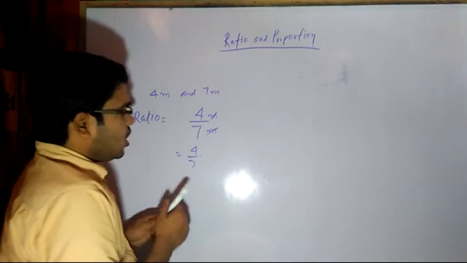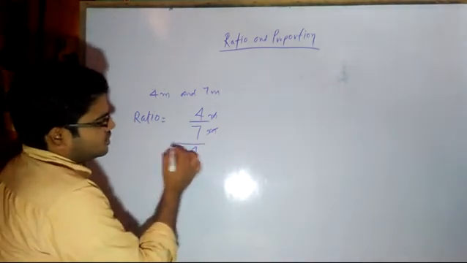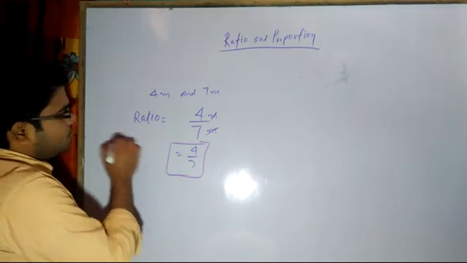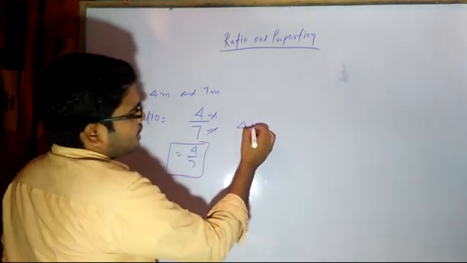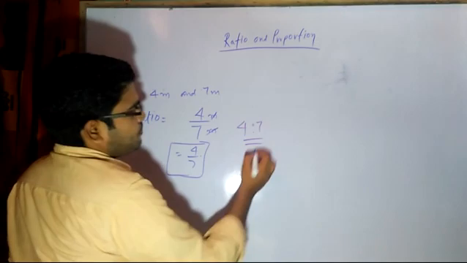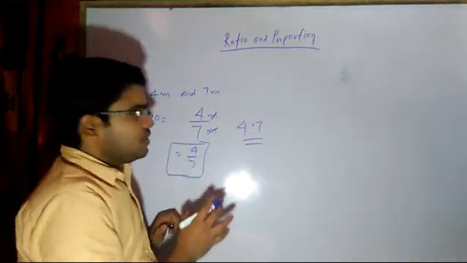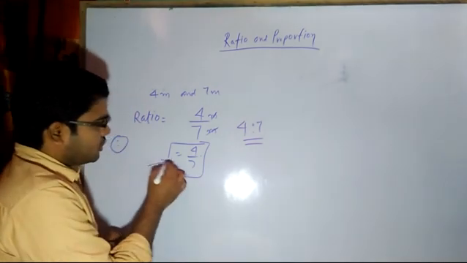This is the meaning of ratio. It is written using the "is to" symbol, so I write it as 4:7.